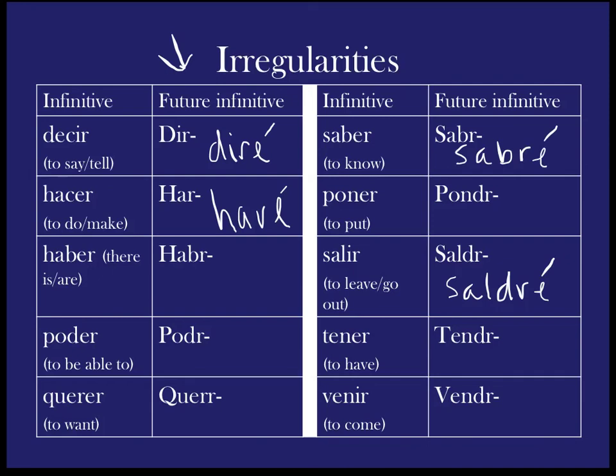And so forth. One that is important to mention as you copy this down is that habrá is the future of the "there is, there are." You know it as hay in the present tense. So habrá is "there will be." So habrá 20 estudiantes en la clase. There will be 20 students in the class.